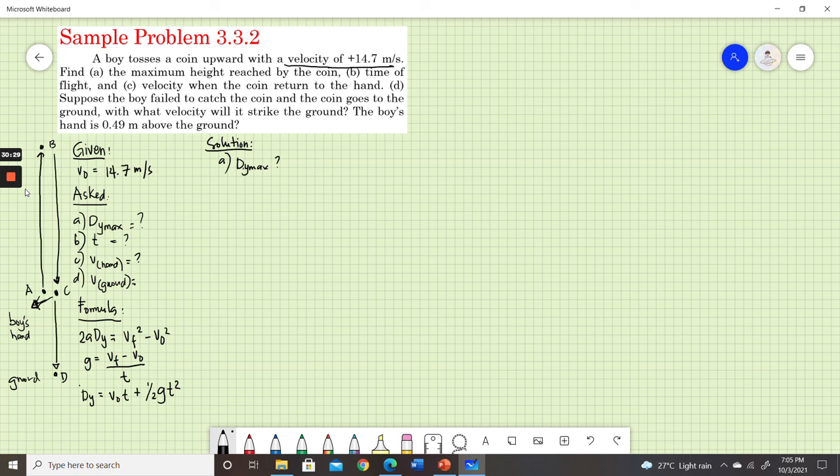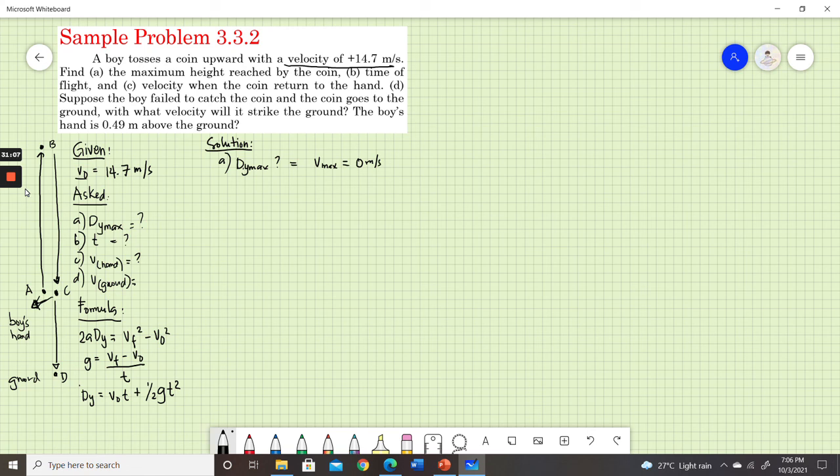From all our given equations and our given information, what formula could we use to solve for this? As you can see, the only information that we have is the initial velocity. But wait, we know that when the coin reaches the maximum height, the velocity at the maximum height is 0 meters per second.